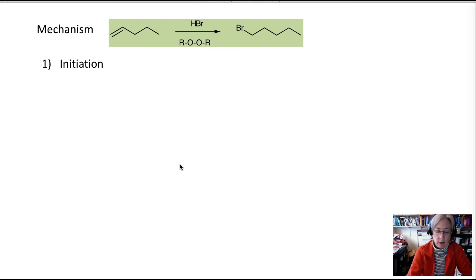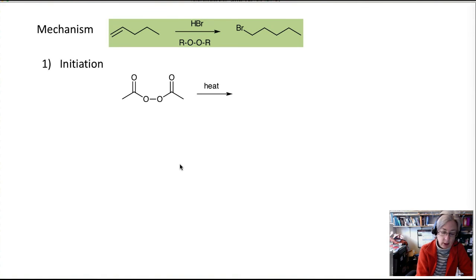Why? Well, we take our peroxide, which is our initiator, heat it up or add a little light, doesn't matter, whichever way you want to cleave that very weak sigma bond, and that will generate two radicals from no radicals, meaning that's our initiation step.